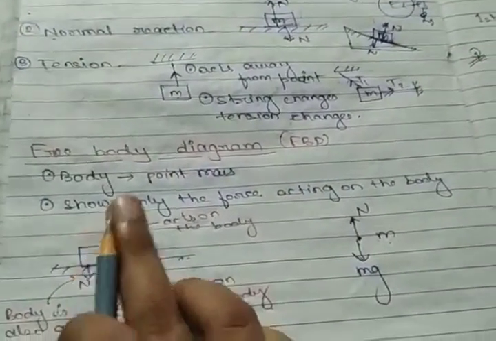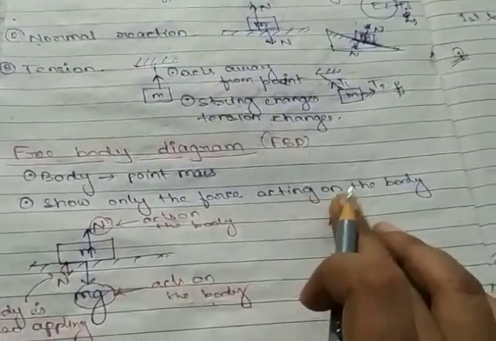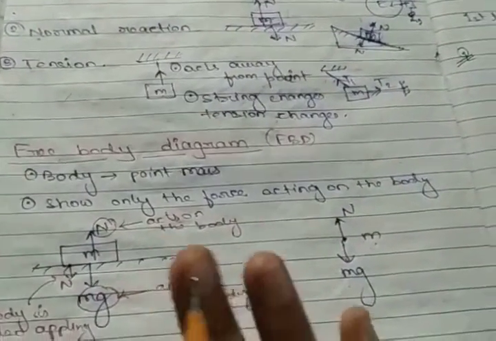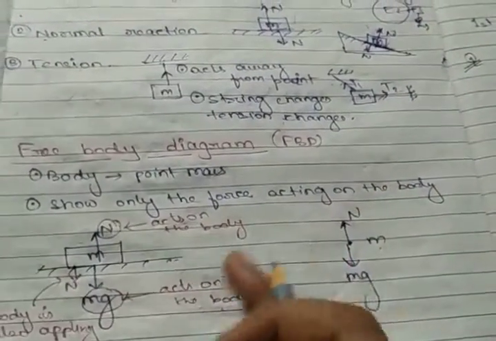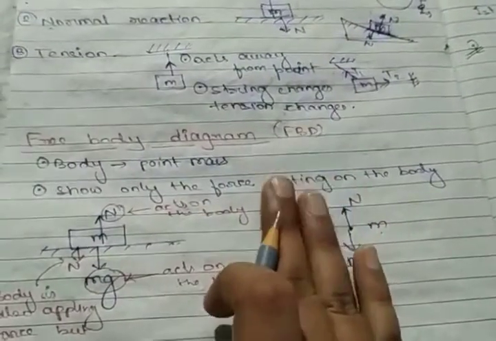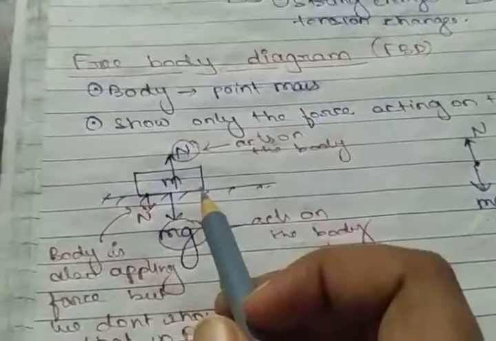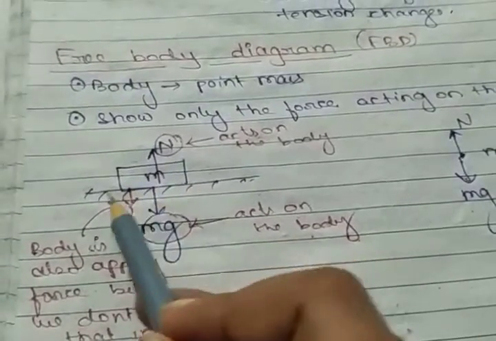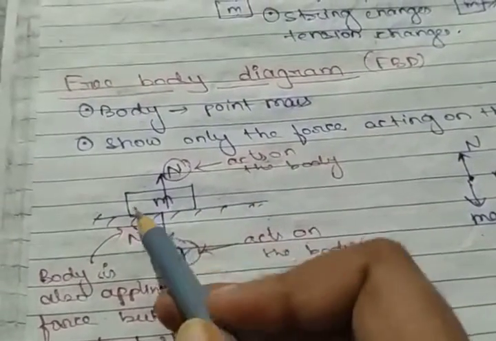The second is, only those forces we will see which are acting on the body. We will not consider the forces which the body is applying, but only those forces which are applied on the body. For example, suppose this is the mass and it is kept over here.